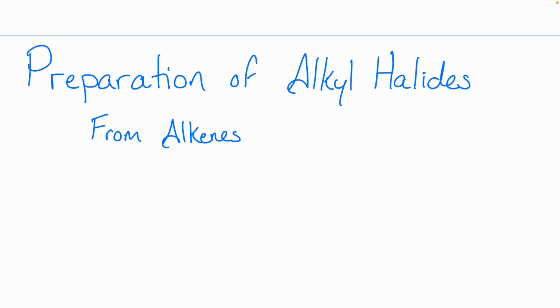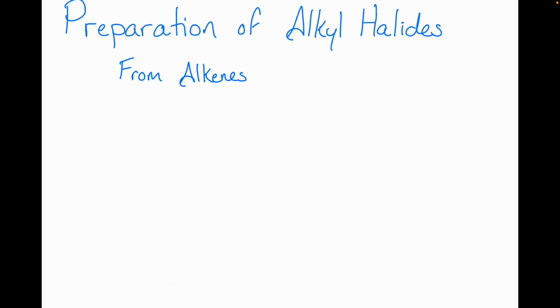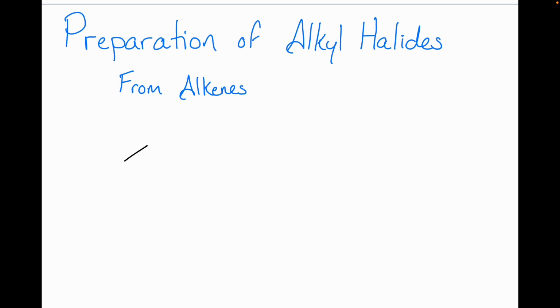Okay, and we already know two methods of preparing alkyl halides from alkenes. All right, first of all, if we have an alkene, right, these are from last unit here, we can treat it with HX, where X is either chlorine, bromine, or iodine.